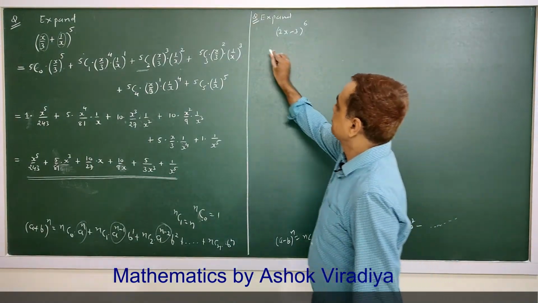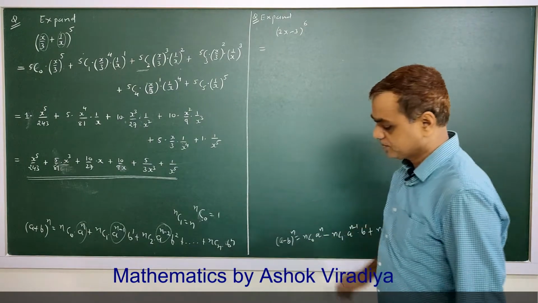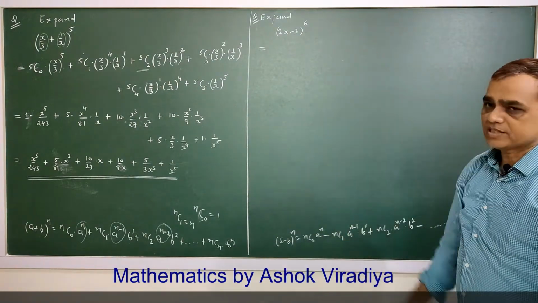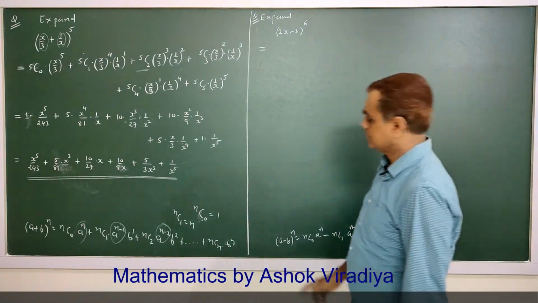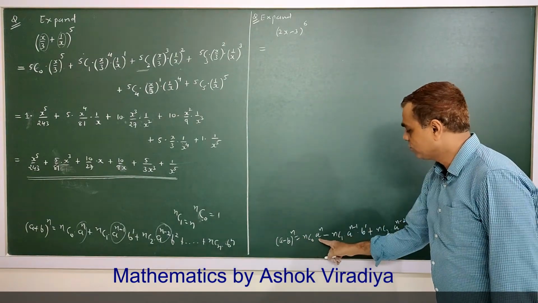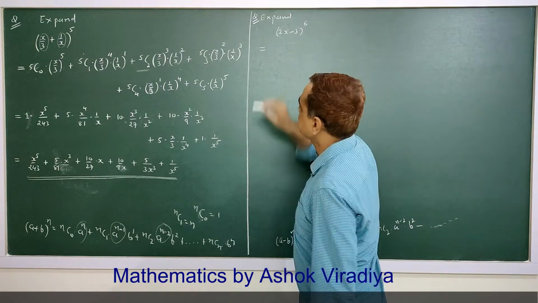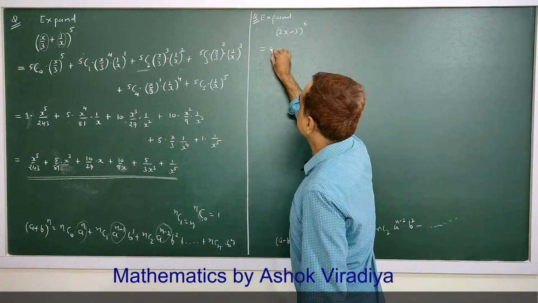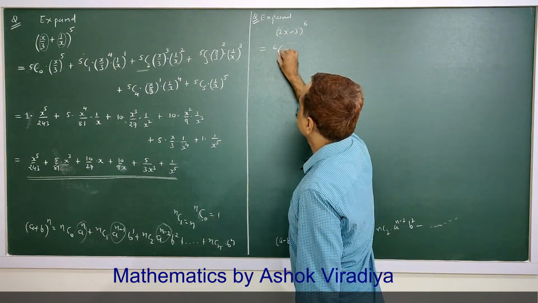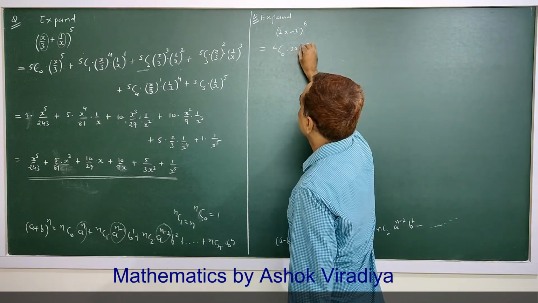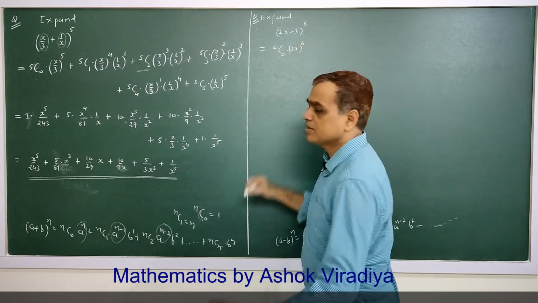So here n is 6. So first term is nc0 a raised to n. Consider this as a and this as b. So nc0 a raised to n. First term is free from b.